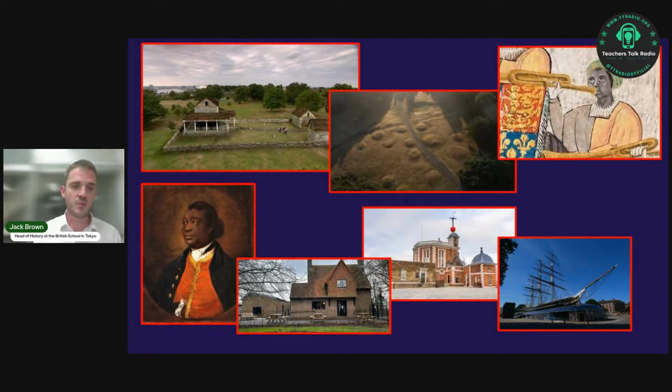So for us, this was a perfect opportunity to create a really fantastic inquiry about the migration of people through time. And what we actually got the students to do at the end of the inquiry, as the inquiry assessment, was to create a kind of timeline of the people who have migrated to Greenwich through time.